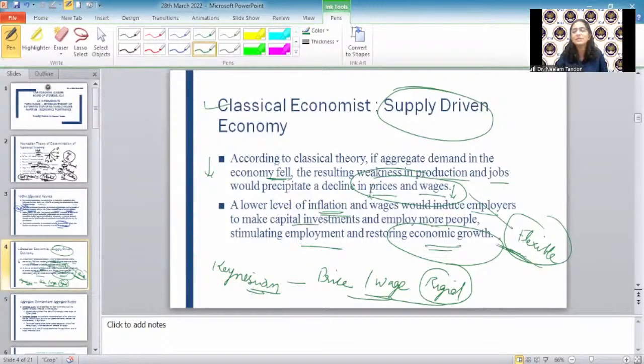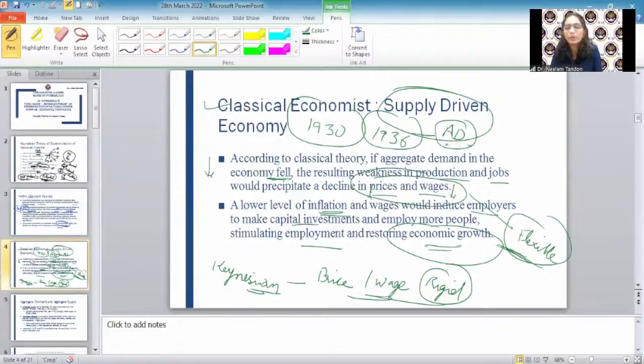Cost going up means investments will reduce, employment will reduce and the economy will be back on track. That was the classical economist concept. But this failed in 1930 during the Great Depression. Then in 1936, Keynes came out with the concept of the aggregate demand-driven economy, which is still practiced today.